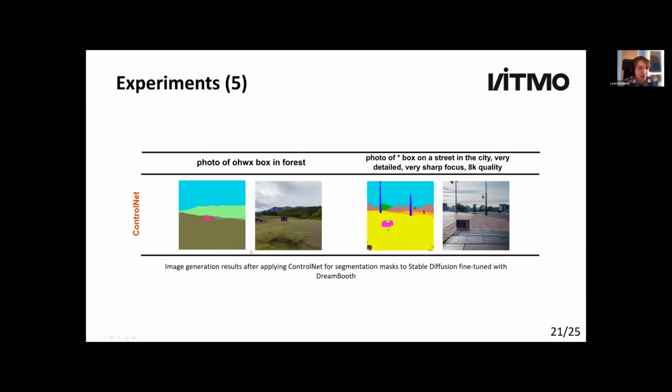As you can see, the generated image is pretty close to the segmentation mask. So we have actually generated a labeled image, labeled with segmentation. And the same on the right.